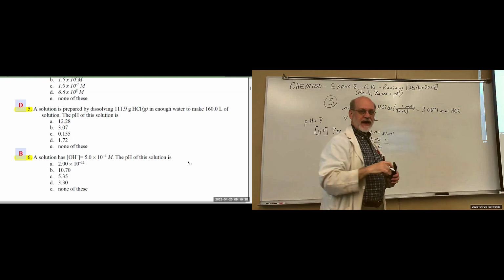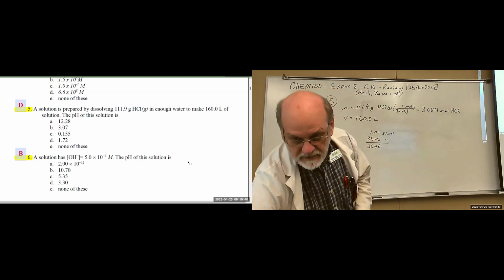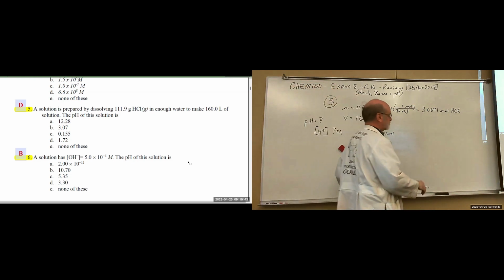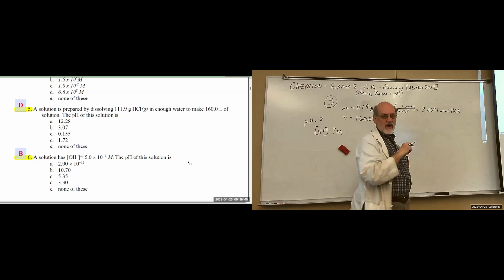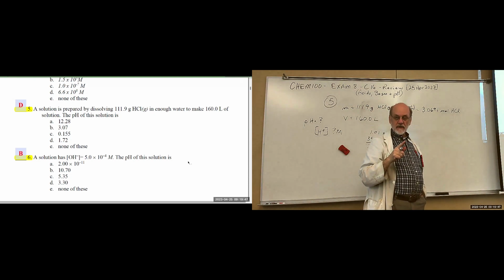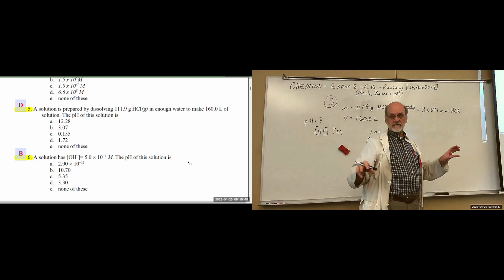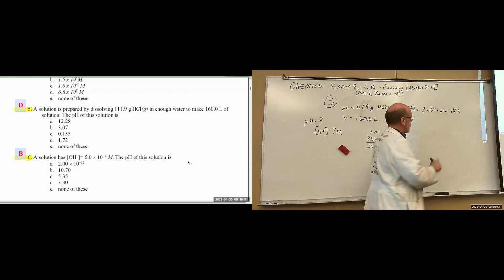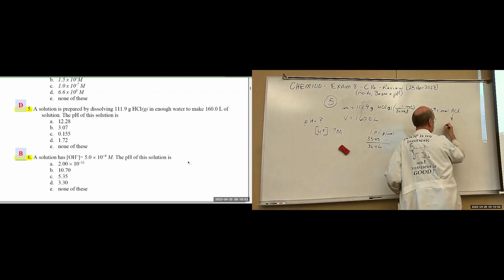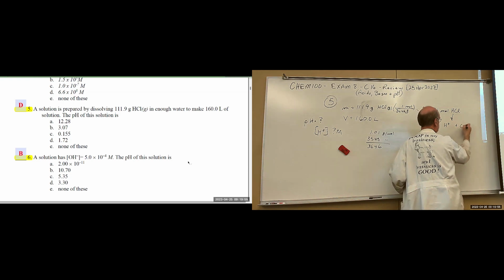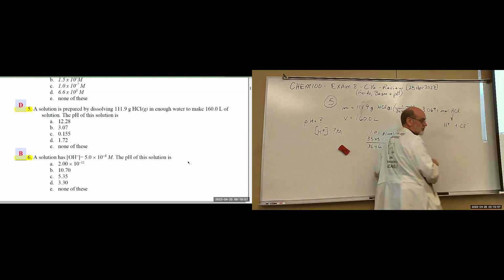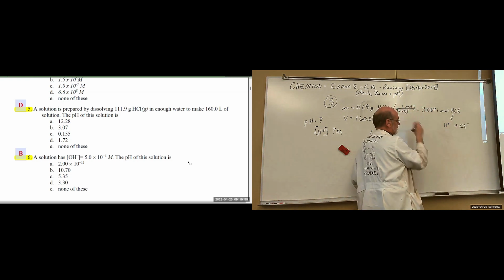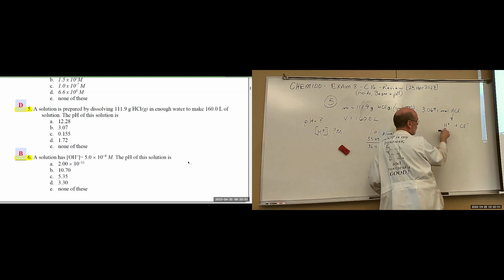So how many moles of hydrogen are in solution? Hydrogen chloride, when it goes into solution, completely dissociates. So it's going to make this and this, one direction. That means for every mole of this, you have a mole of that.